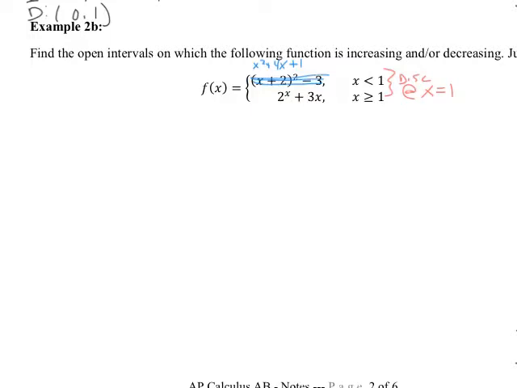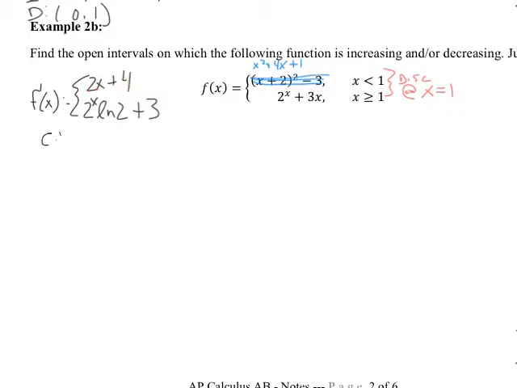Also, we want to find critical values, so f prime of x is equal to 2x plus 4 and a to the x ln of a plus 3. There's our derivative, and looking at our derivative we see that we have a critical value at -2.